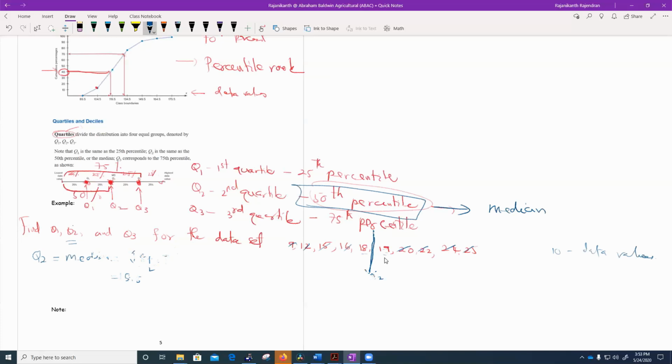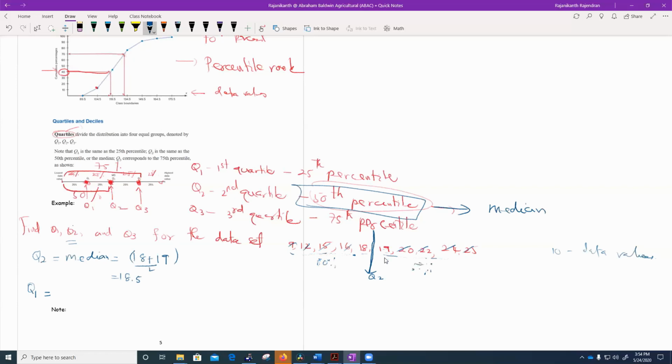Okay, then how do you find Q1? Remember, Q1 will divide the entire data set into four equal parts, first quarter, right? In other words, you have 50 percent of your data on this side, and 50 percent on this side.